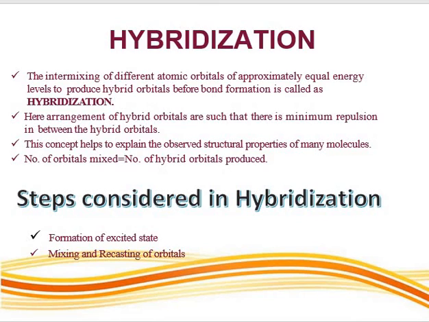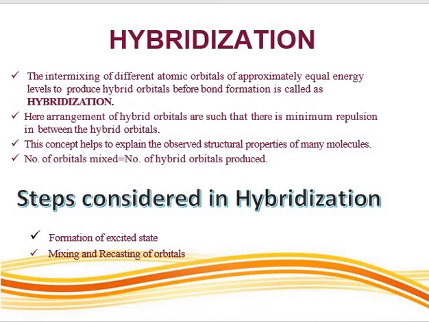Now, in this case, what will happen? One s orbital and one p orbital, which have slight energy difference, are going to mix with each other. There would be the redistribution of electron density and energy, and two new orbitals of exactly the same shape and exactly the same energy will be formed.